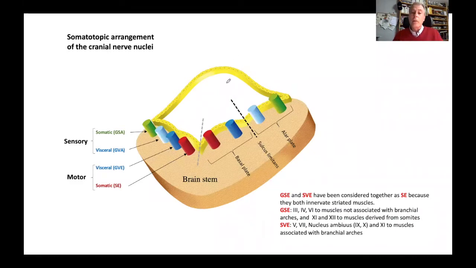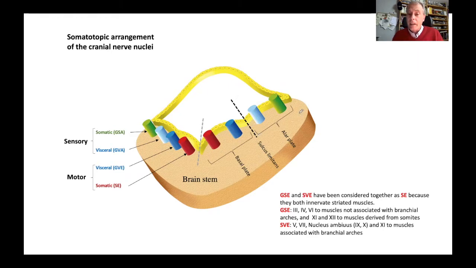As you see in this drawing, during the development, the newly formed neurons arrange in columns, the ones that are going to form nuclei and cranial nerve nuclei. We can divide the central nervous system in two halves through what is named sulcus limitans.